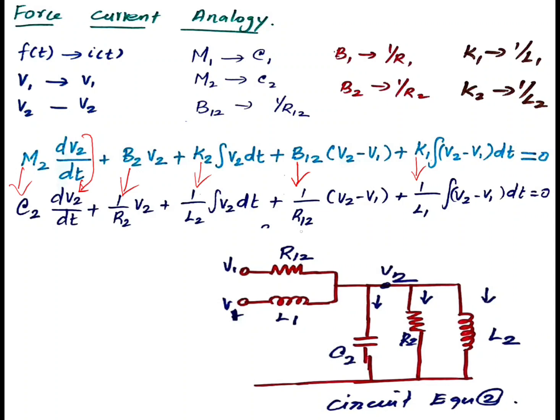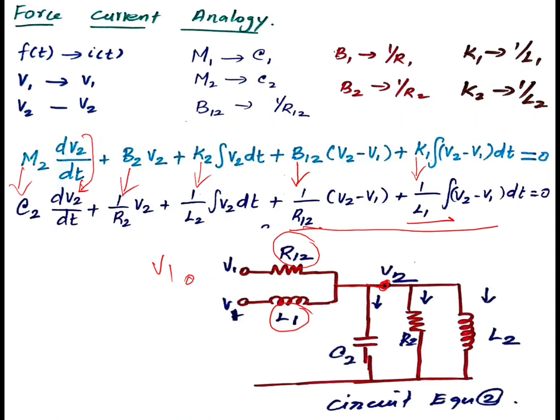So here R12 and L1 are common to two nodes, node 1 is V1 and node 2 is V2. So I am going to simply put R12 and L1 in parallel, connected with node 2.